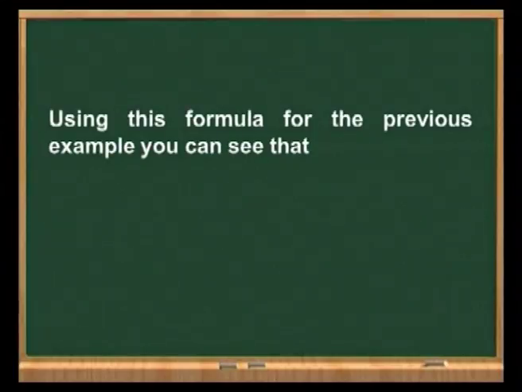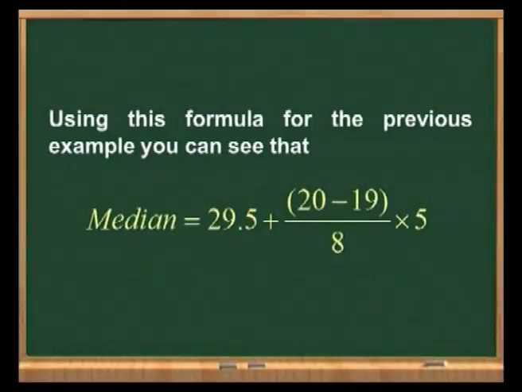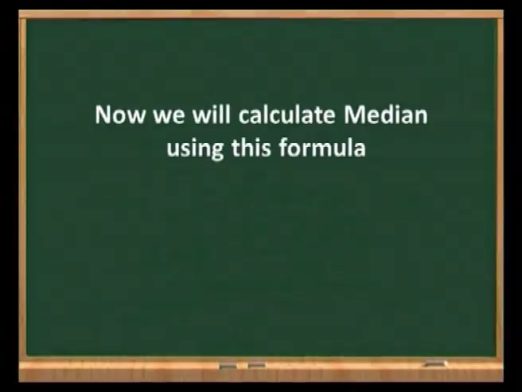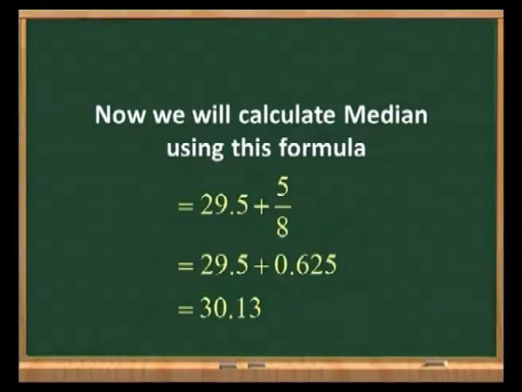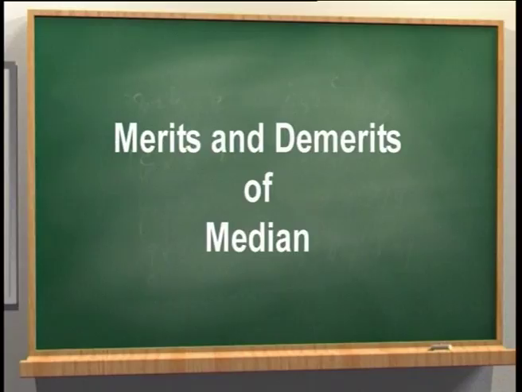Using this formula for the previous example, the median is calculated as 29.5 plus (20 minus 19) divided by 8, into 5. That is 29.5 plus 5 divided by 8. It is 29.5 plus 0.625, and the median for the example is 30.13.